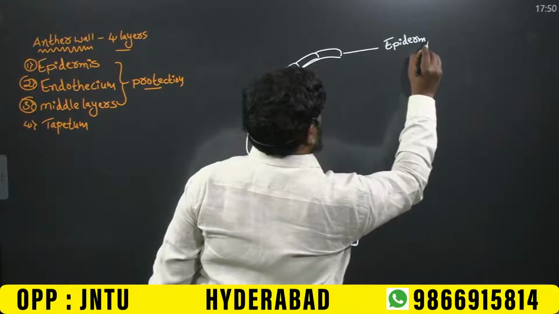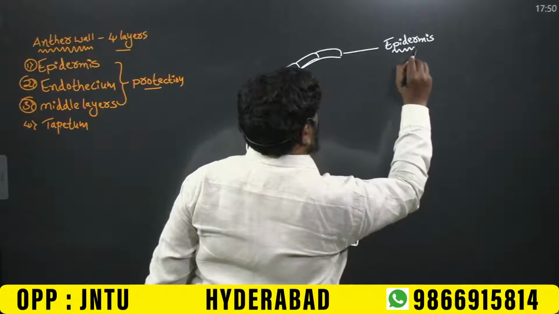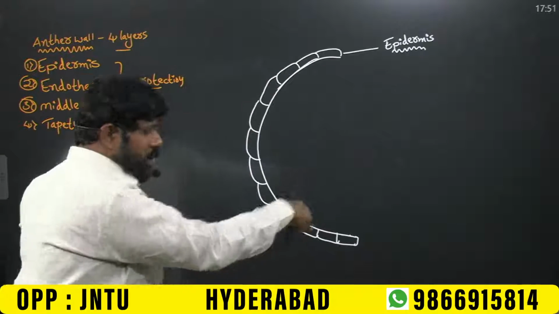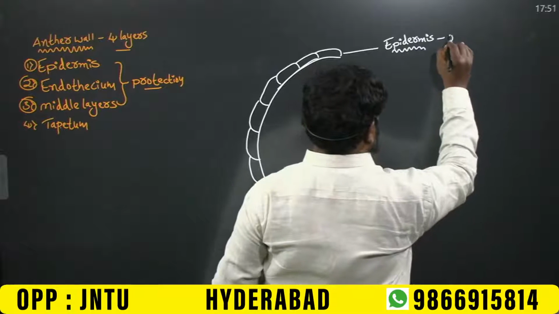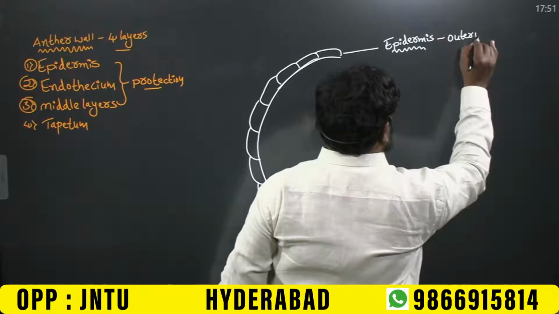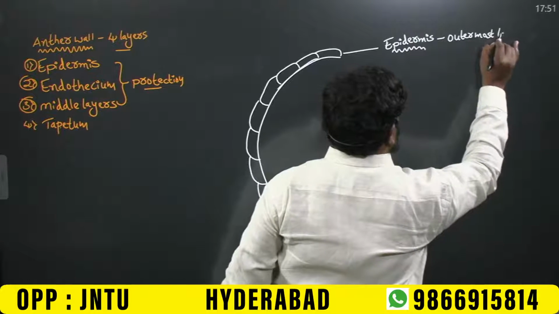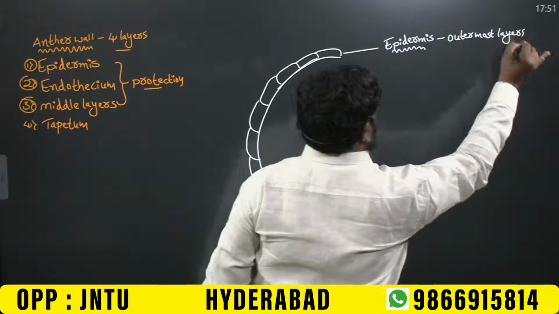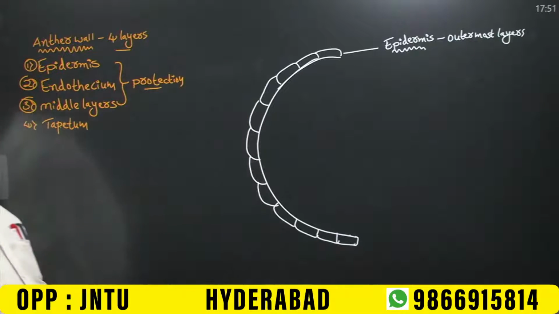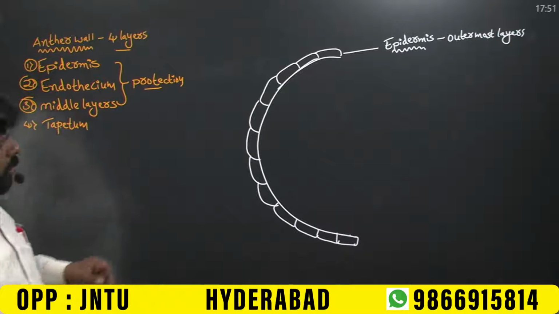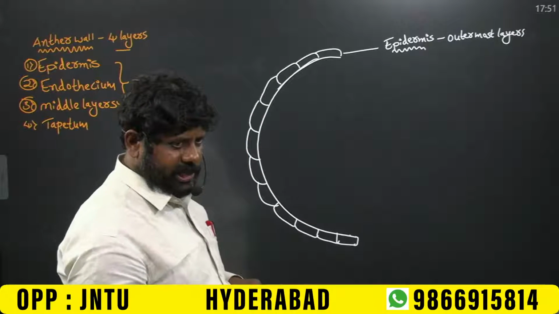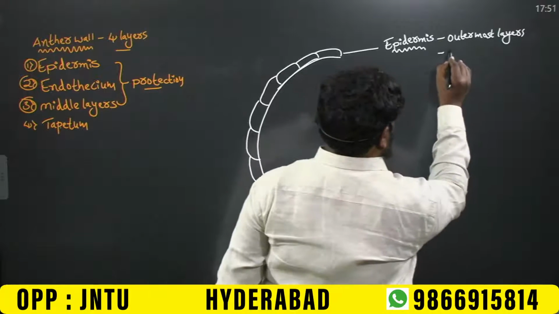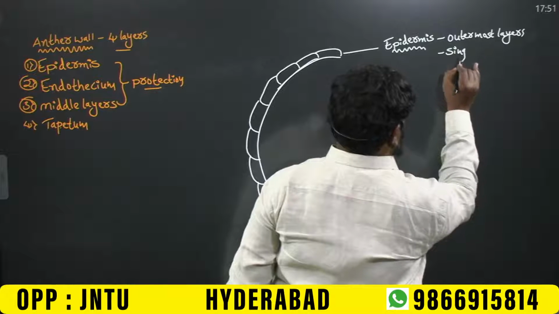I am writing here. In the transverse section of anther wall, the outermost layer is called epidermis. This epidermis is only one layer thick. That's why epidermis is a single layer.